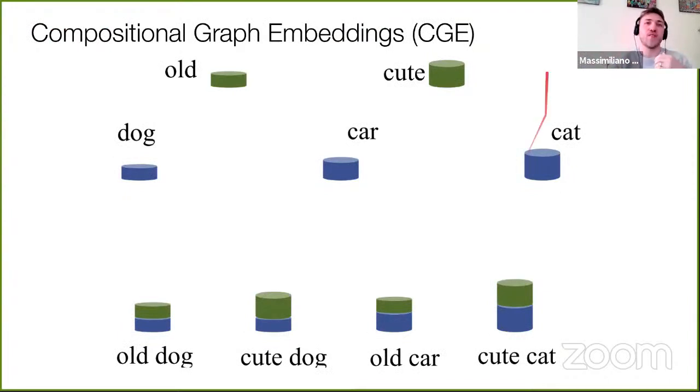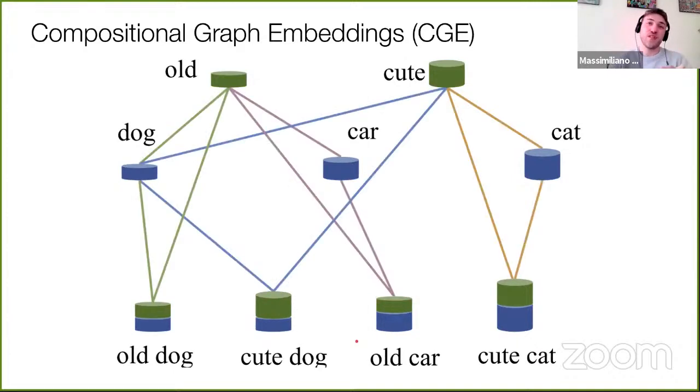So let's suppose you have this space of state and object representations, and that you have the compositional versions of them, like old dog, cute dog, etc. Now, what we can do is connect both the primitives and the compositions. For connecting the primitives, we can connect old and dog, since old dog is contained in our training set.